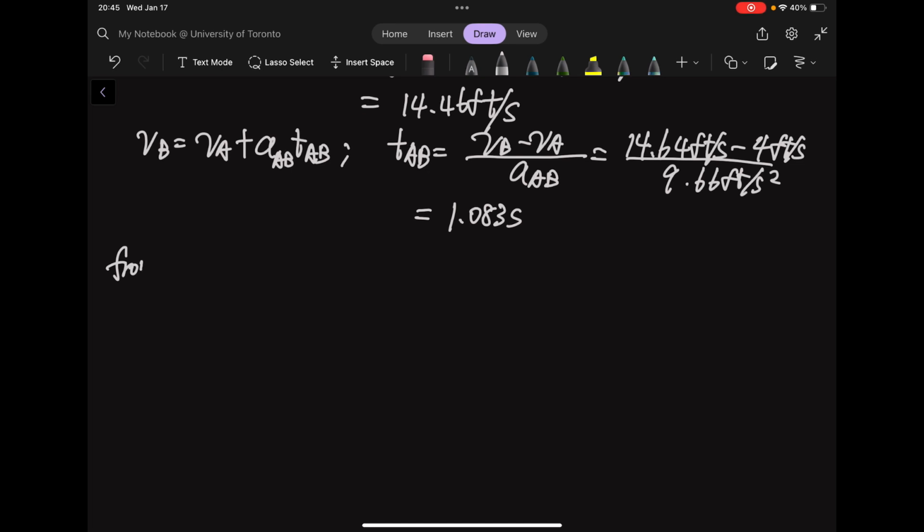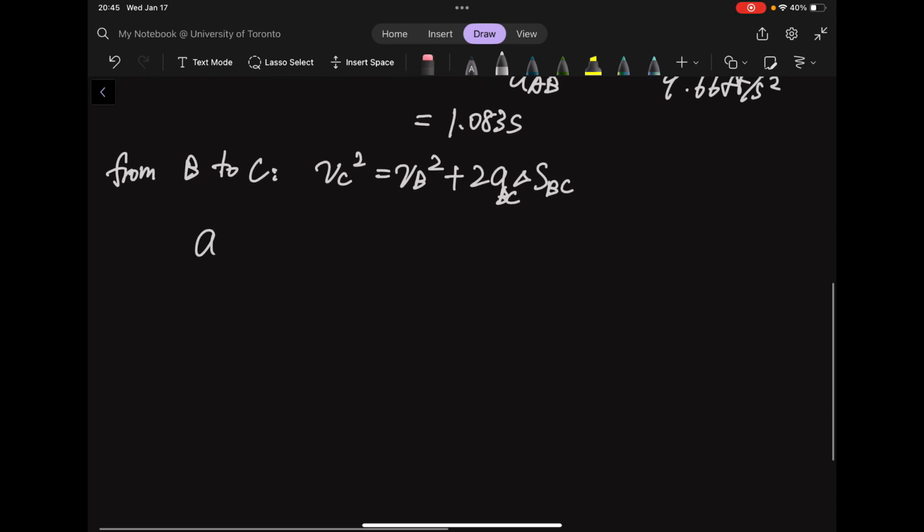From B to C, the acceleration is also constant. We have Vc squared equal to Vb squared plus 2A delta S. So we take acceleration out.